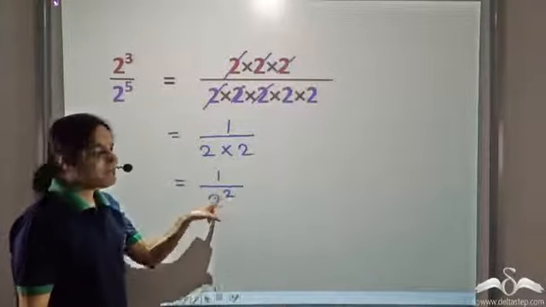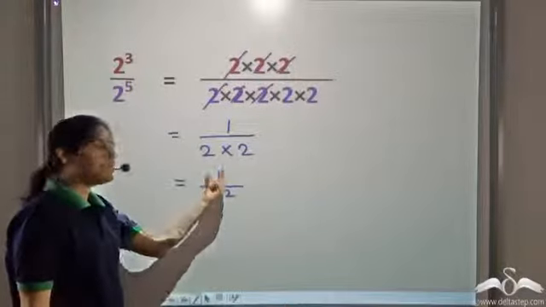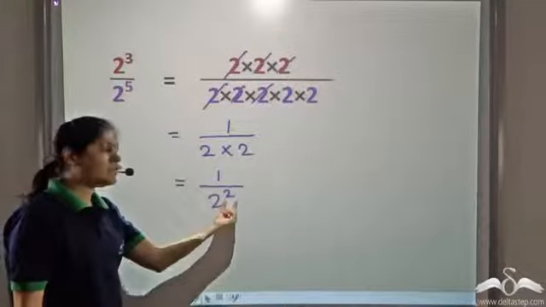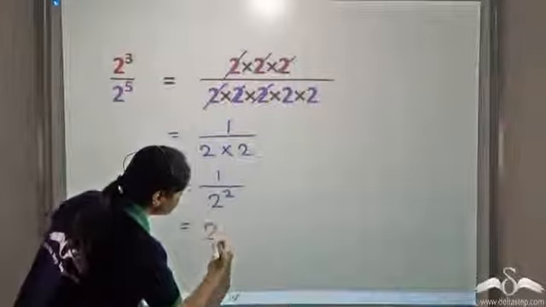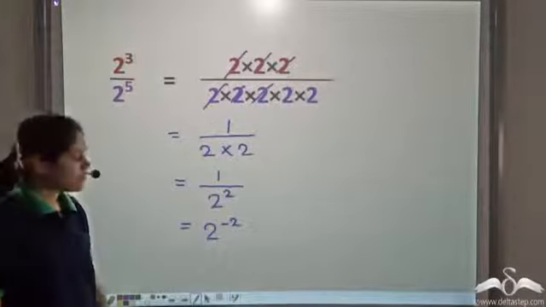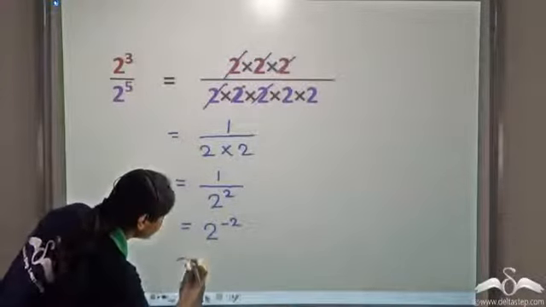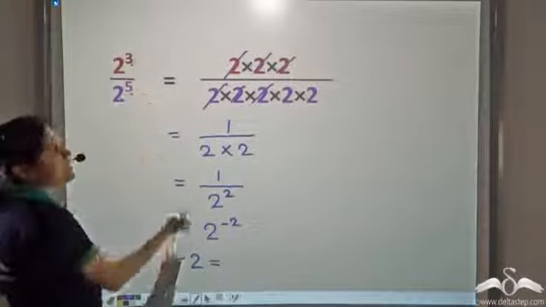So when we have 1 divided by an exponential number, we can take this to the numerator and make this exponent negative. So we can write this as 2 raised to the power negative 2. Now this negative 2 is equal to 3 minus 5.